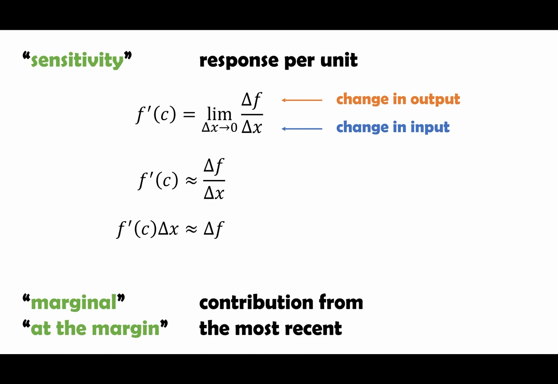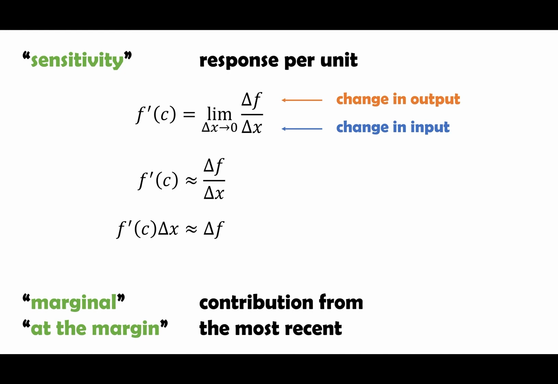So what does f prime times delta x is approximately equal to delta f tell us? Delta f is the change in the output. Delta x is the change in the input. So one way to understand f prime is to say if you change the input by so much, you take that amount you changed, multiply by f prime, that should tell you approximately what the change in output is. That's sensitivity. That's the response per unit.